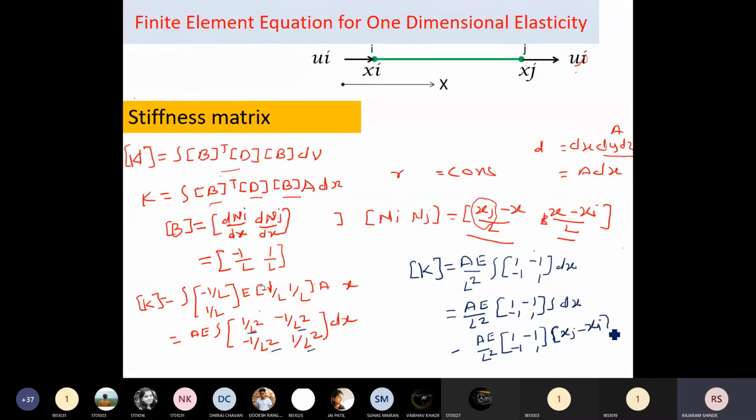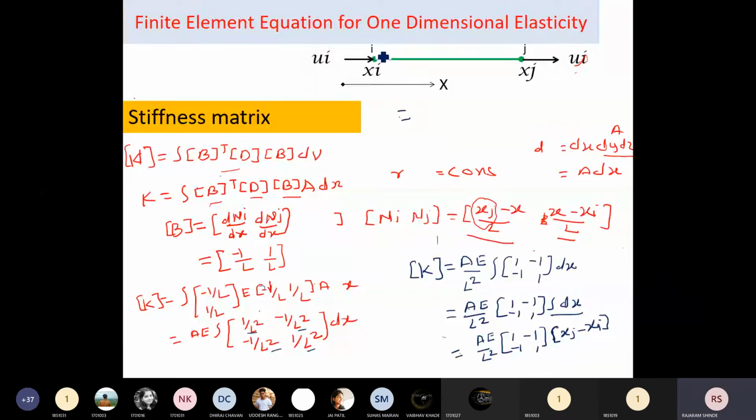Am I right? Integration of dx is xj minus xi. Is it correct? Now this term becomes xj minus xi.